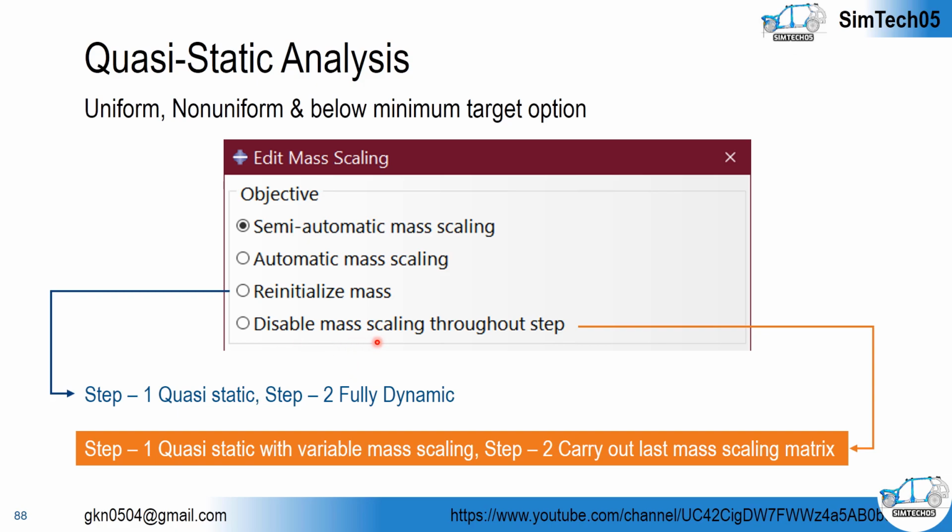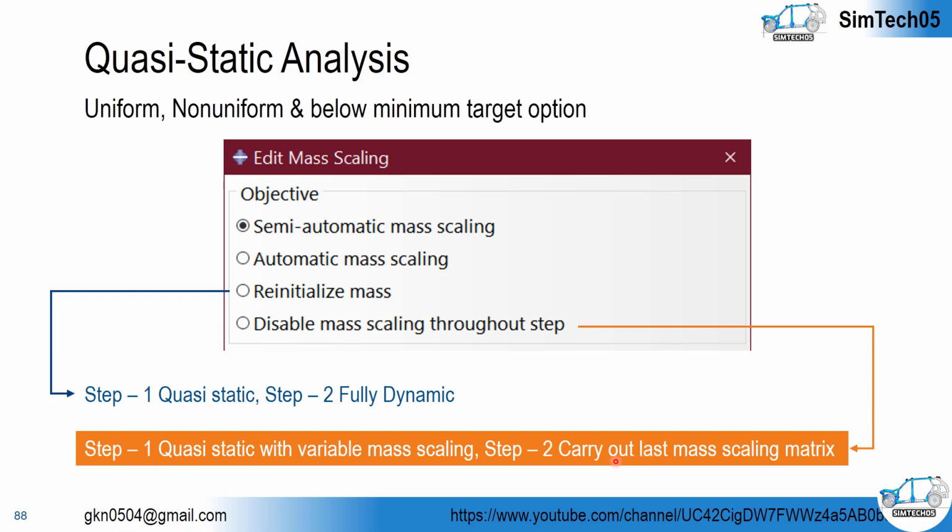But here the disable mass scaling throughout the step is quite a different option. This does not mean the mass scaling is fully deactivated. It means if you have a first step with variable mass scaling and in the second step you don't want to define variable mass scaling, you want to define only constant or fixed mass scaling.